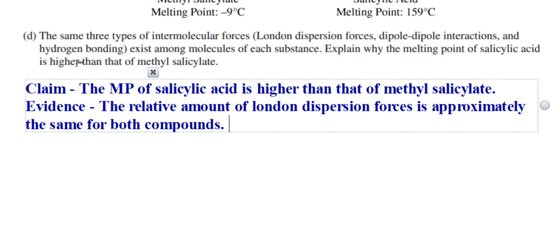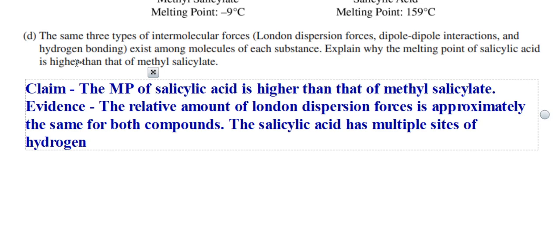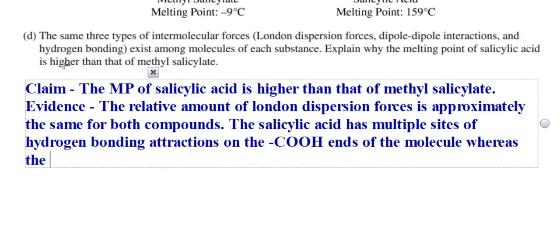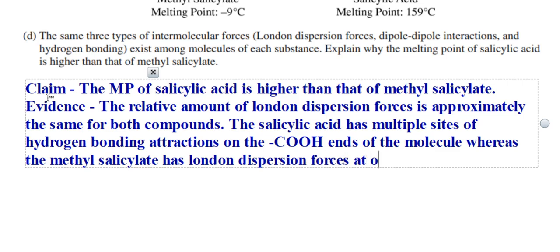The big difference is the salicylic acid has multiple sites of hydrogen bonding attractions on the COOH ends of the molecule. Whereas the methyl salicylate has London dispersion forces at one of those sites.